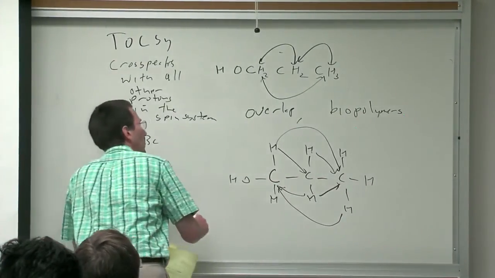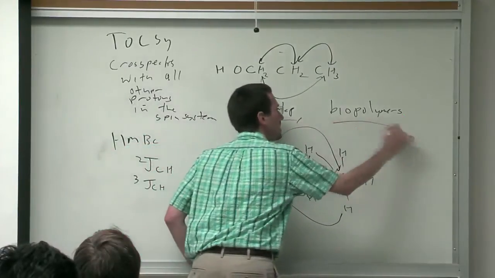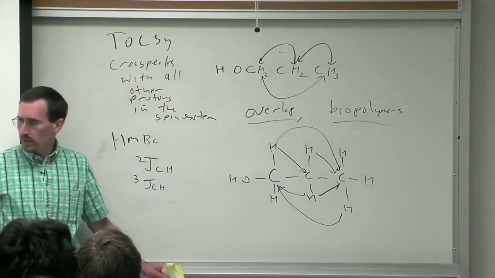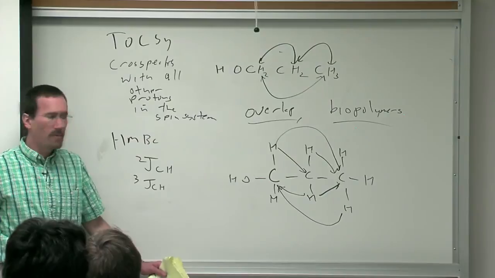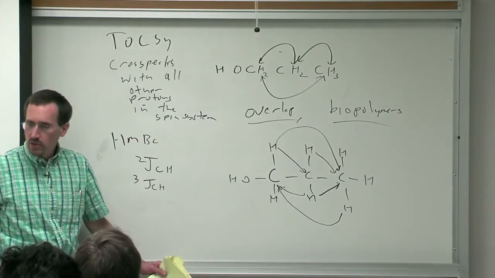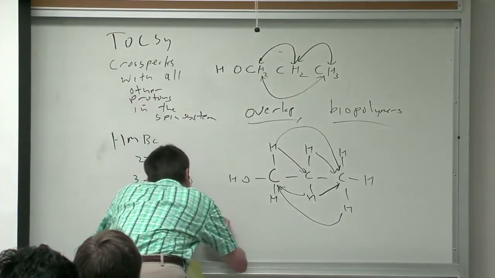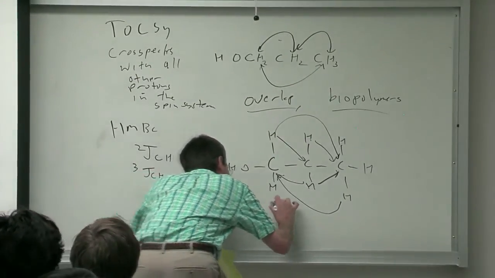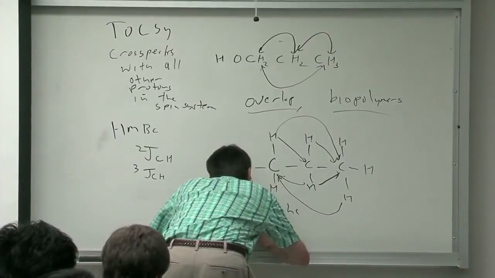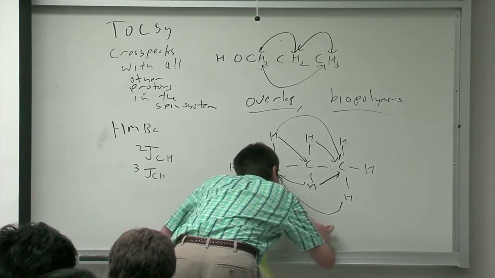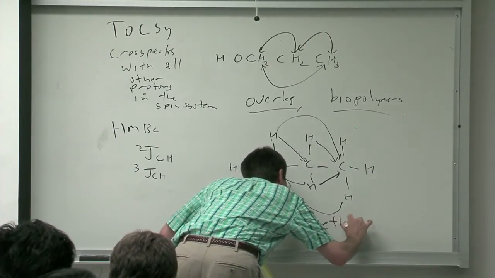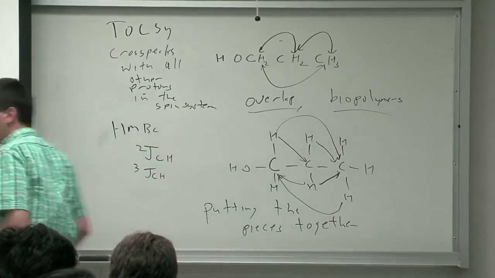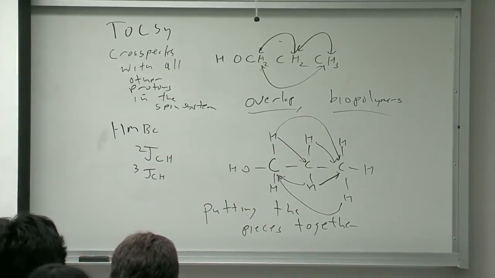So just like I say, TOCSY is particularly good for overlap in biopolymers, I'm going to say that HMBC is particularly useful for what I'll call putting the pieces together. And you know how on the homework I'm telling you to write down fragments, things that you know. I know this molecule has an ethyl group.